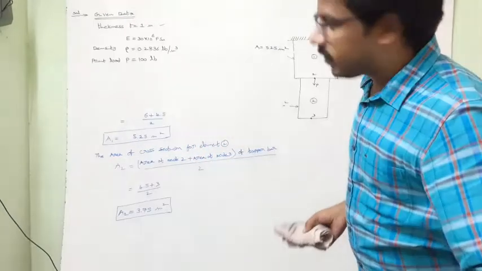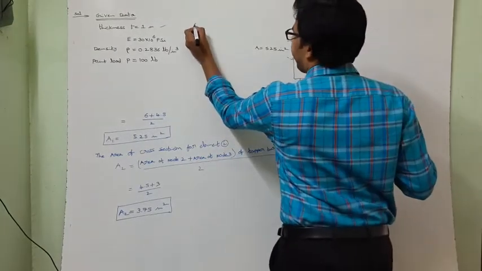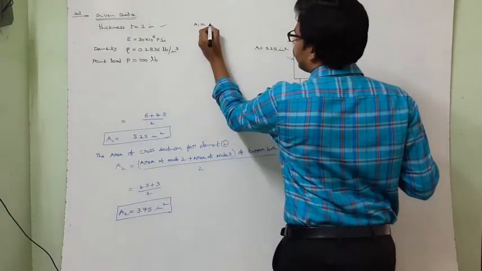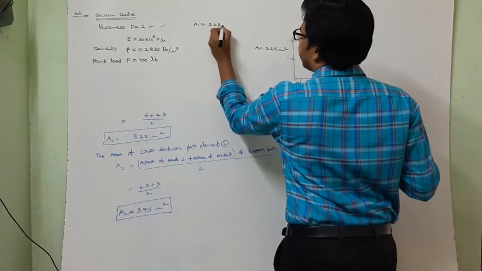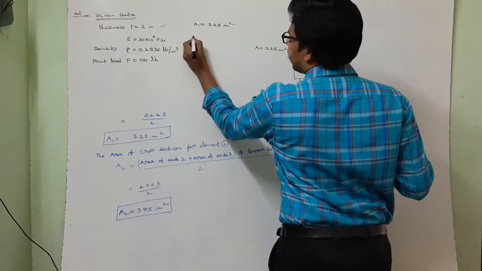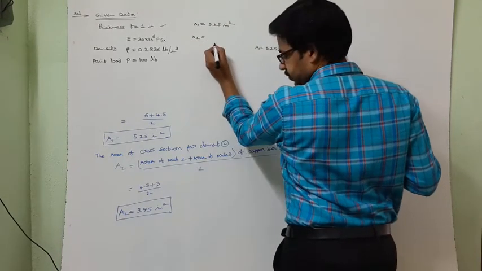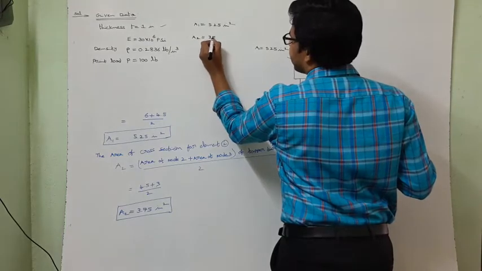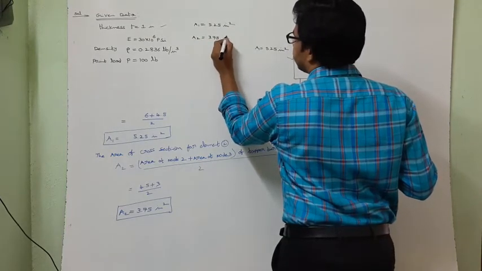So here A1 equal to 5.25 inches square, A2 is equal to 3.75 inches square.